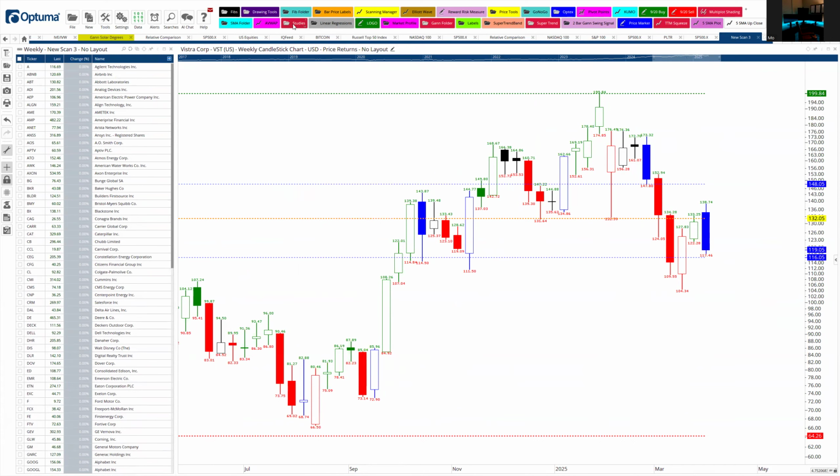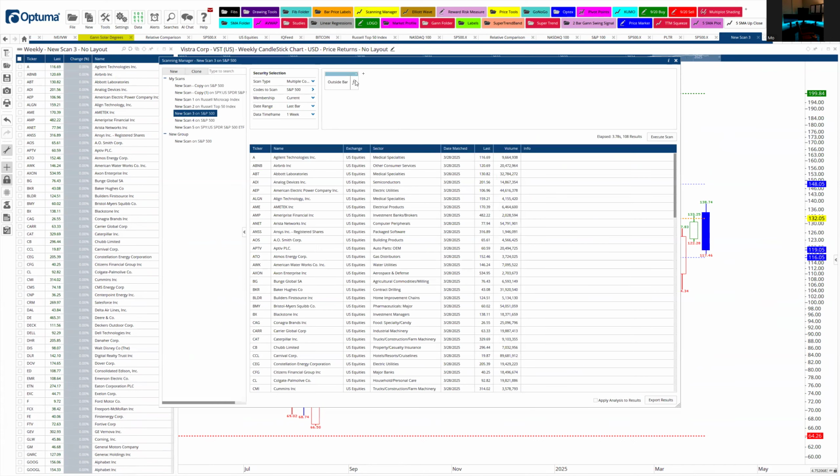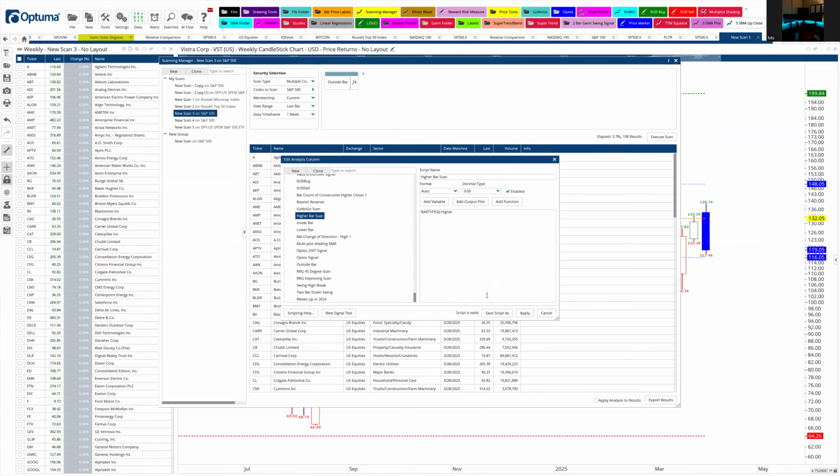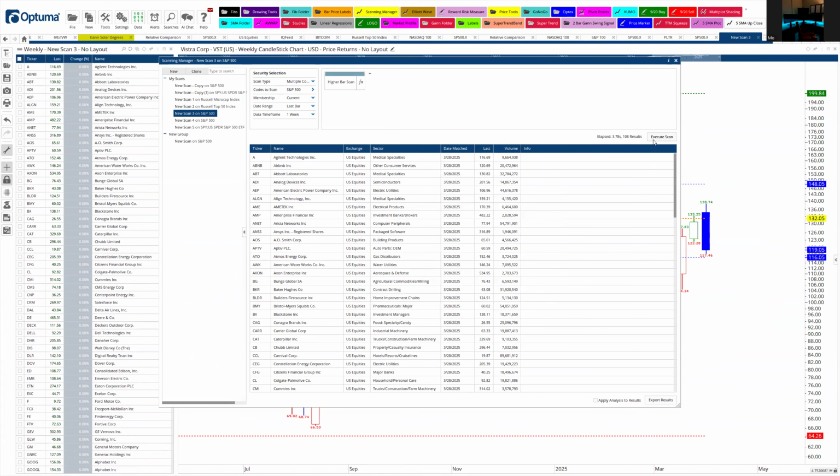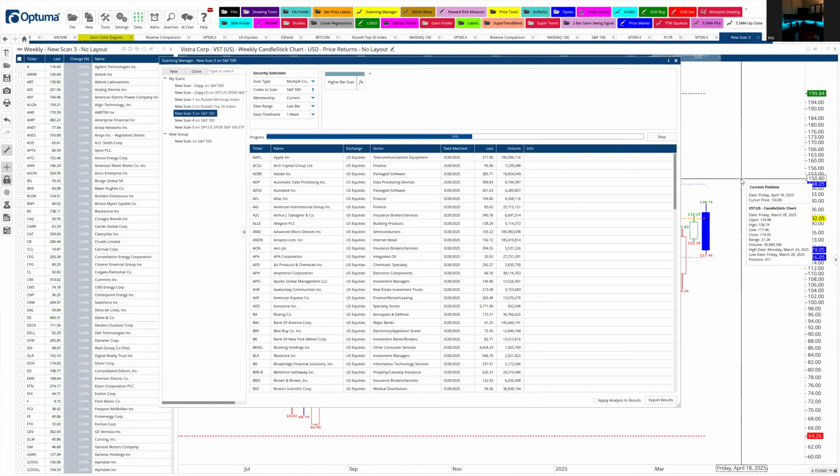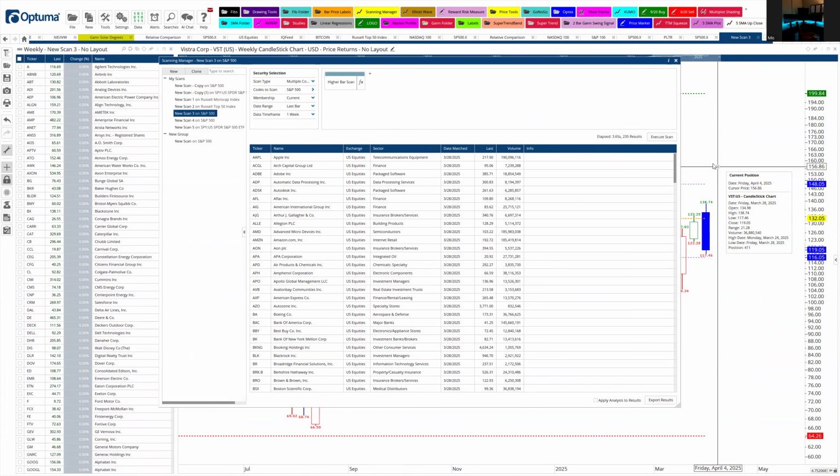So how many stocks closed higher? Bar scan we can do for the week. 235 stocks made a new weekly high out of 500. So 235, and then 105, I believe, was the outside bar.